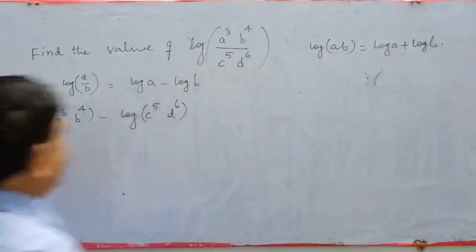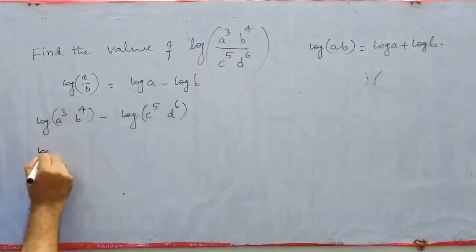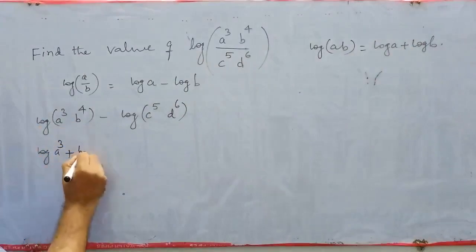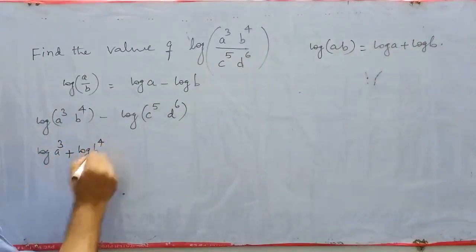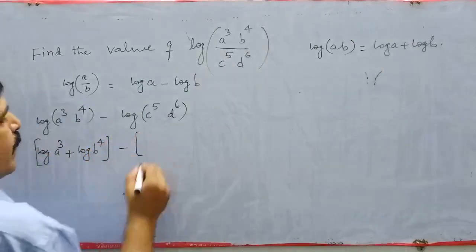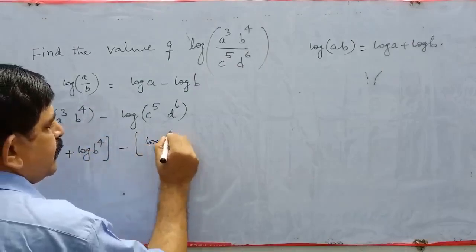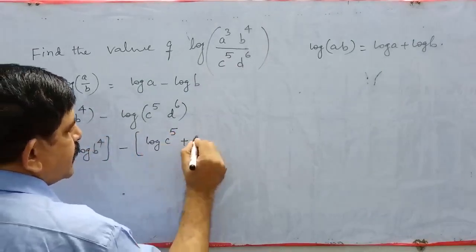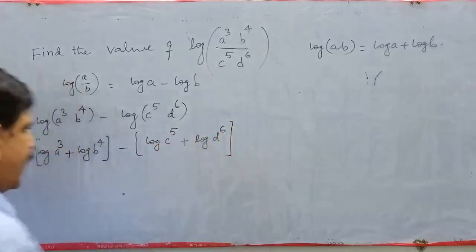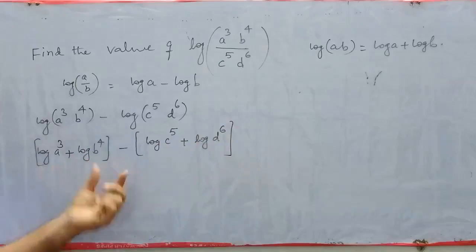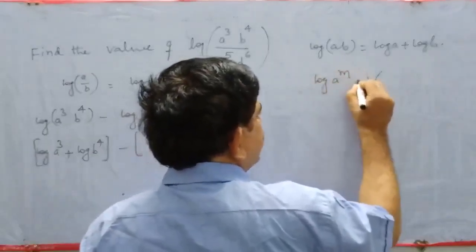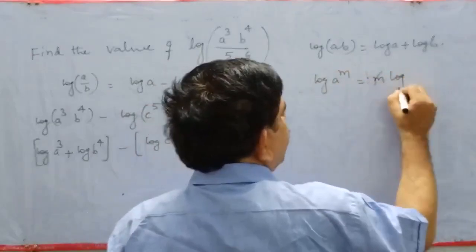So this can be written as log a cube plus log b to the power of 4, this is the first one, minus log c to the power of 5 plus log d to the power of 6. Again each term is in the form of log a to the power of m, equal to m log a.